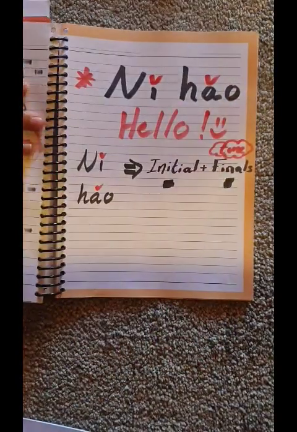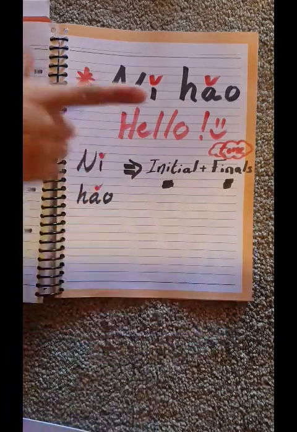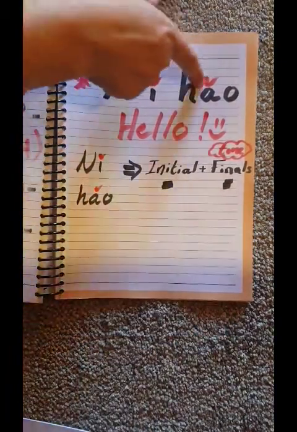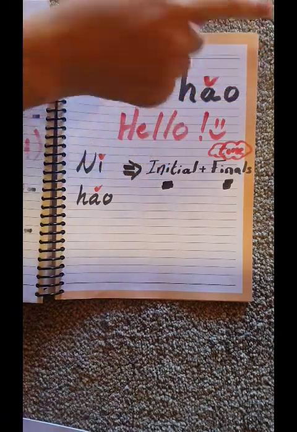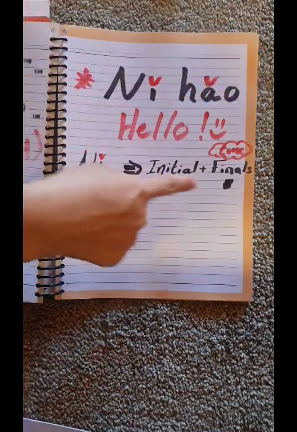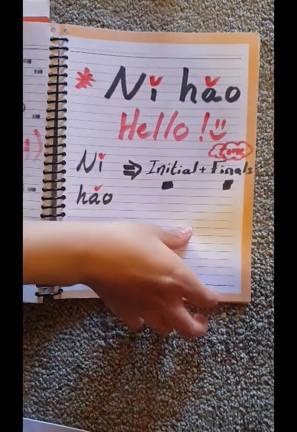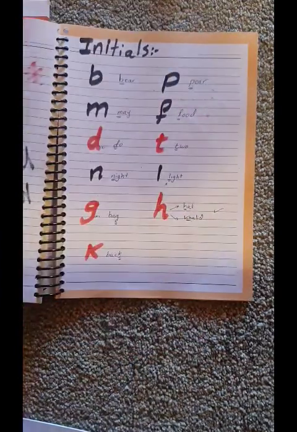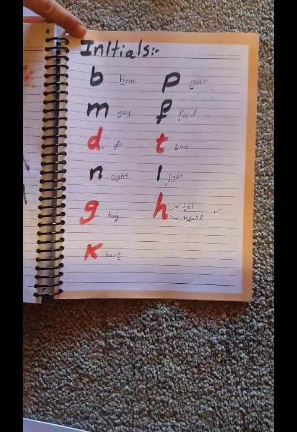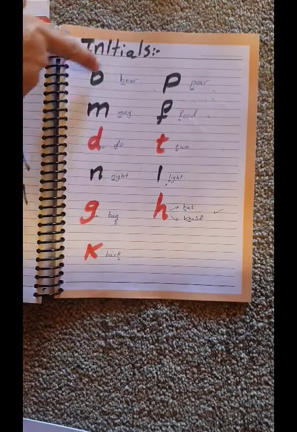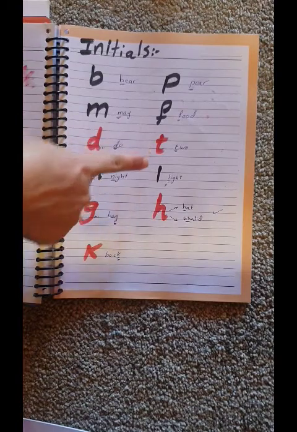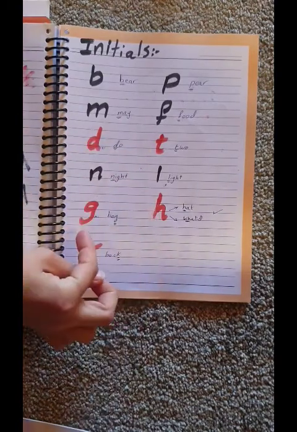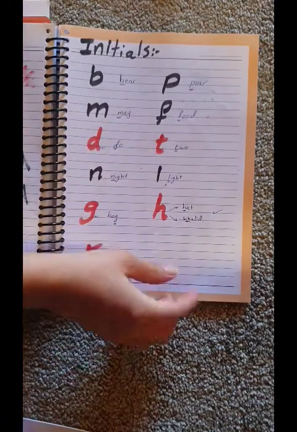The first class was about how to say hello, and we learned that we have 2 syllables for it: ni, and then ha. We took the initials, the finals, and the important tones for you to remember. We started with the initials b, p, m, f, d, t, n, l, g, k, h.